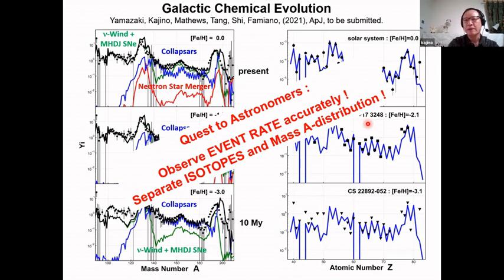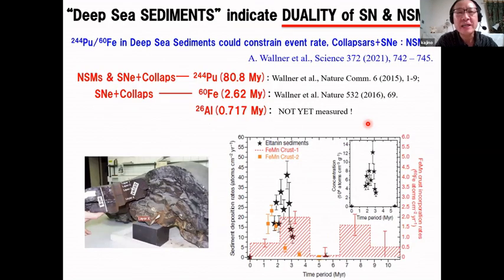In that sense, quite recently, it was an interesting fact that in deep sea sediment, Anton Wallner and his collaborators discovered plutonium, which is coming from neutron star mergers or supernovae or collapsars, as well as iron-60. Iron-60 is coming from massive stars or supernovae.